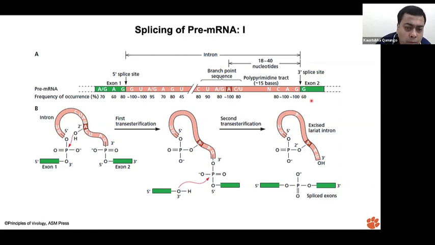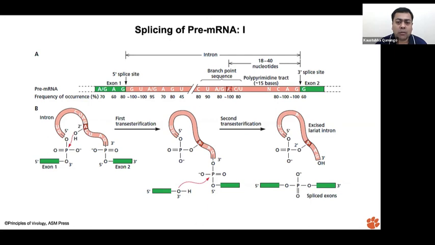Now if you look at the bases right here, you have a GU residue, and this GU appears with this frequency in hundreds and thousands of different individual mRNAs. You can see that these two residues are 100% conserved. What it means is that you can take any organism, isolate the mRNA, and look for this sequence as a 5' splice site, and you will have those GUs.